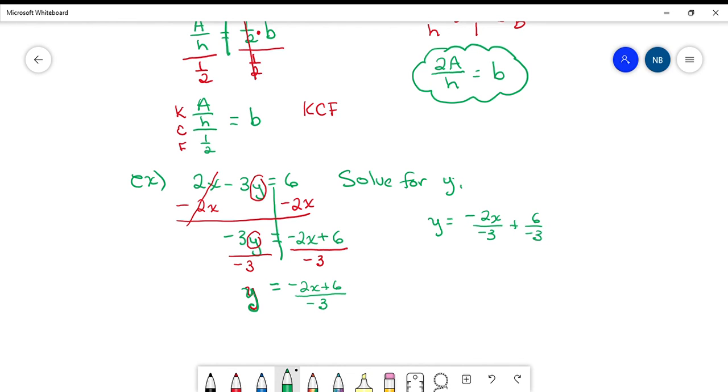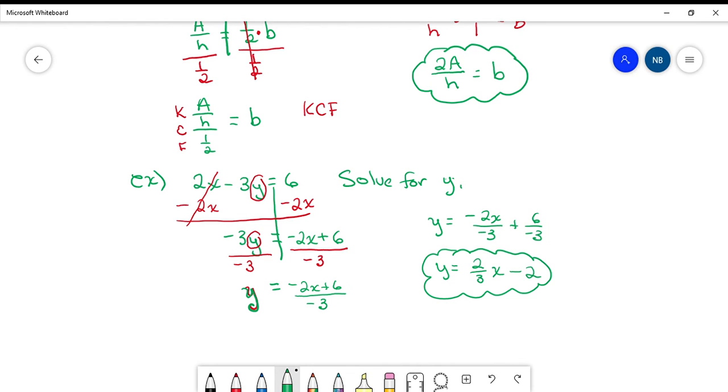So basically I split my numerator apart and gave each term the -3 denominator. Now I have a negative divided by a negative, which is a positive 2/3. And then I have 6 divided by -3, which is -2. And this is absolutely the preferred way to leave that answer.